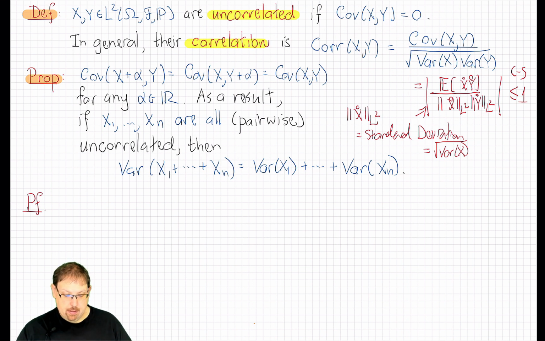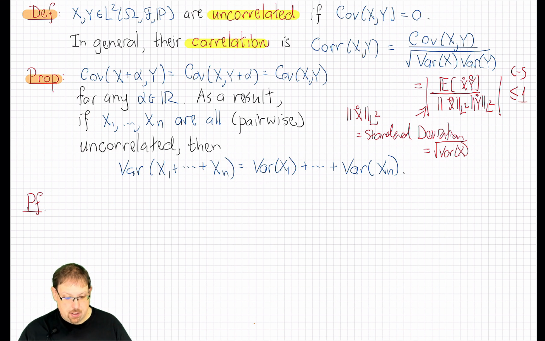to 1. Now here is a key consequence of uncorrelation. If random variables are uncorrelated, then their variances sum. To be more precise, the covariance doesn't care about adding a constant, like this. And if I have a sequence of pairwise uncorrelated random variables, the variance of the sum is the sum of the variances, which is kind of a surprising result given that variance is a quadratic function, not a linear function.